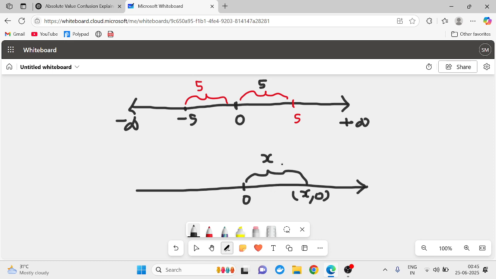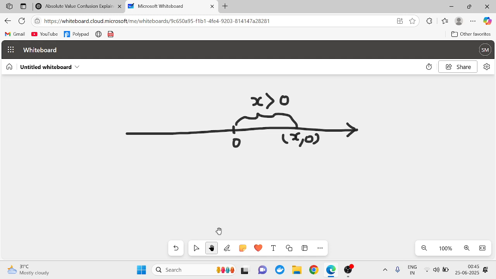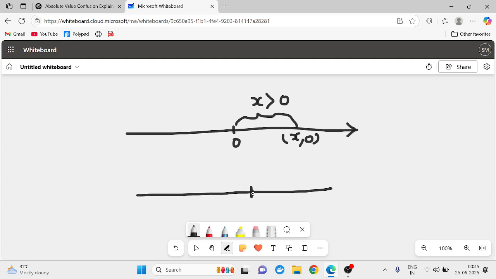Now if x is negative, say I take x equal to minus 5, this will come on this side, but the distance will be positive 5.